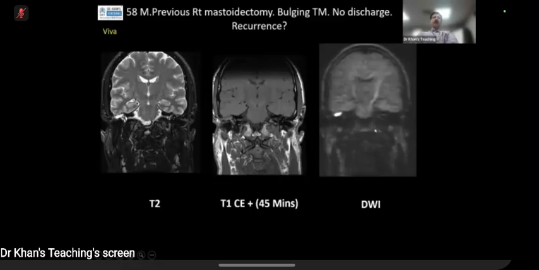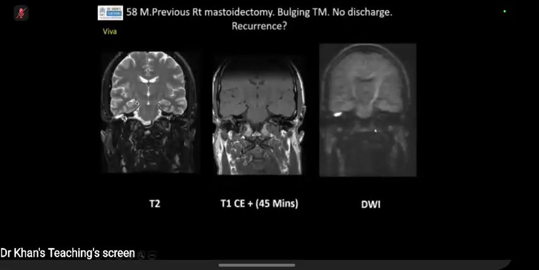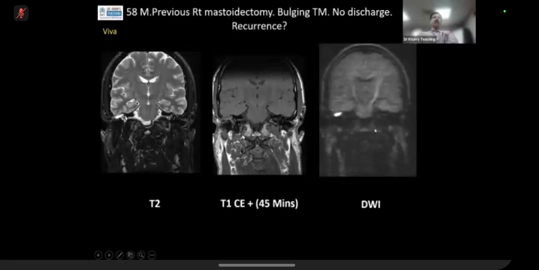So recurrent cholesteatoma is a nightmare on CT. Why? Because recurrent means that it has been already operated. They will do a partial mastoidectomy or even more extensive types of mastoidectomies. So there will be just soft tissue visible on CT scan. Is there a recurrent cholesteatoma? And it was a nightmare.